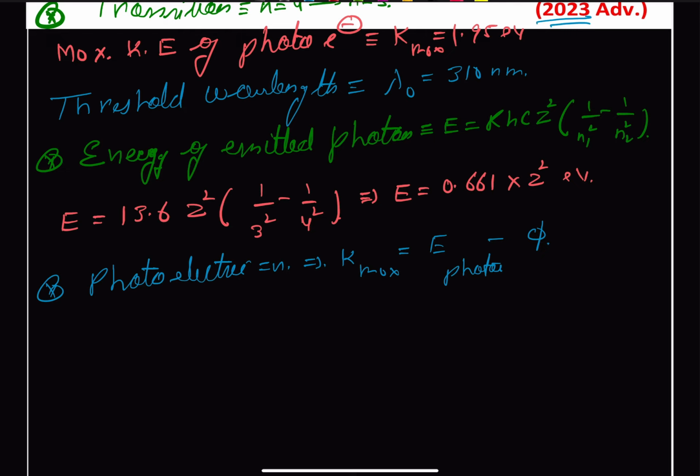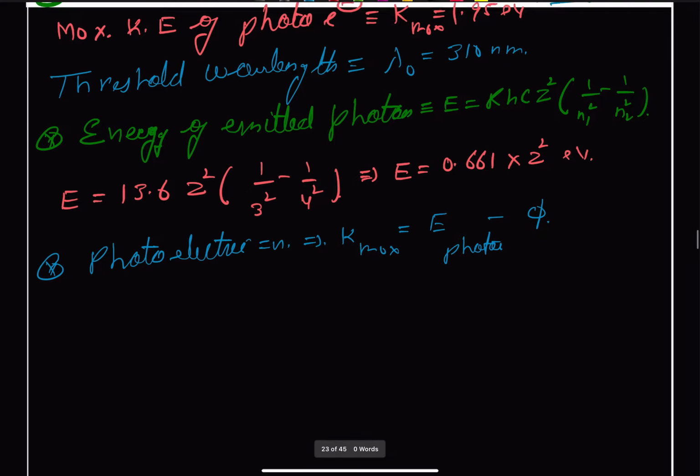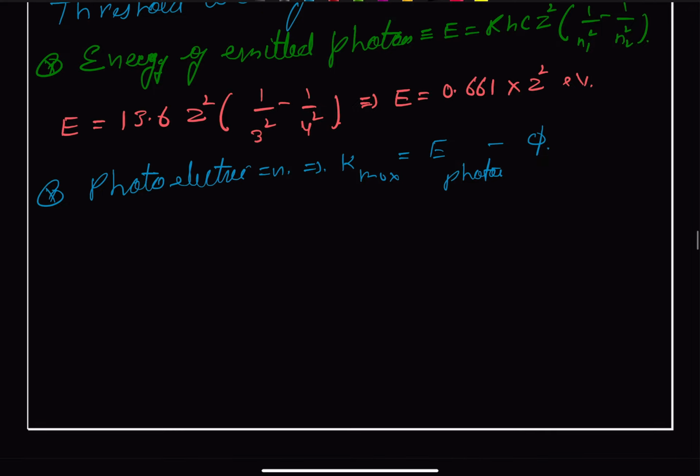And phi, that is our work function, can be calculated using our threshold wavelength. So we can write that our phi will be equal to hc upon lambda naught, and this comes as 1240 over 310 in nanometer, giving us 4 electron volt.